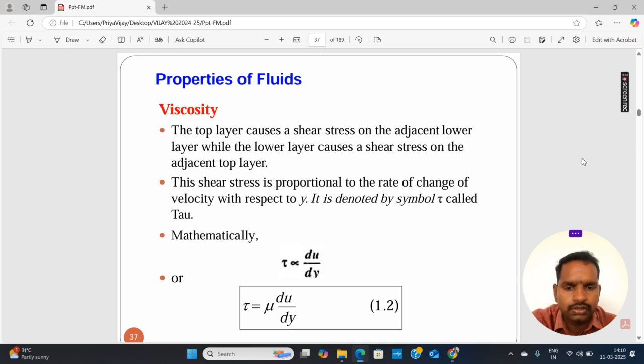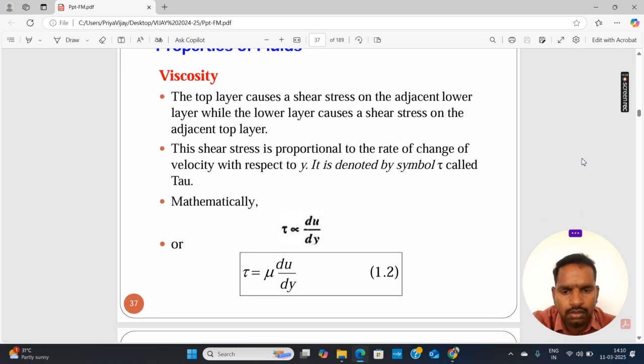In order to remove the proportionality, we take a constant, mu, which is called the proportionality constant, dynamic viscosity, or coefficient of viscosity. So tau equals mu du by dy.